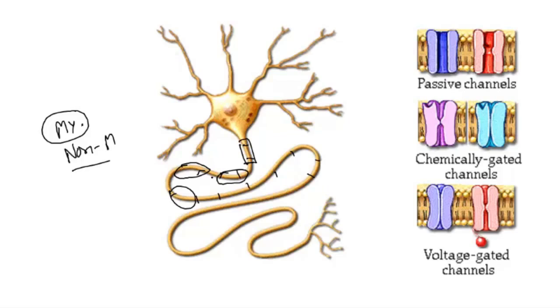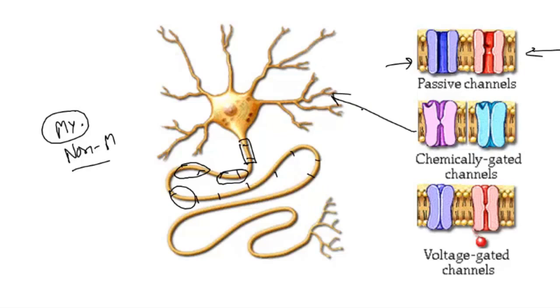Now passive channels are located in the cell membrane all over the neurons. These are the passive channels we are looking at, which are not open, which are closed. So they are present all over the membrane. While chemically gated ion channels, if you look here, are present on the dendrites.